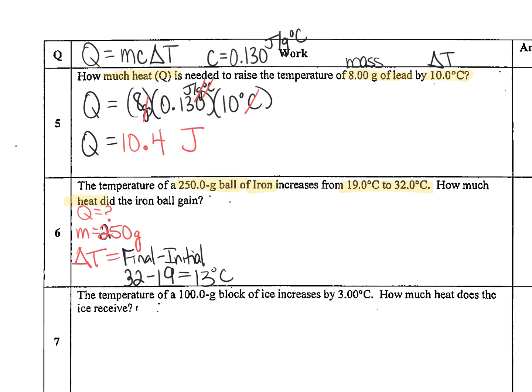We are going to need the specific heat of iron. So again, we're going to go up a page on the document and we'll see the specific heat of iron.